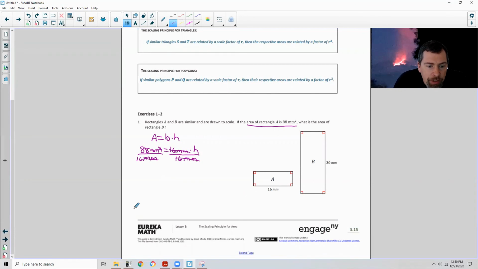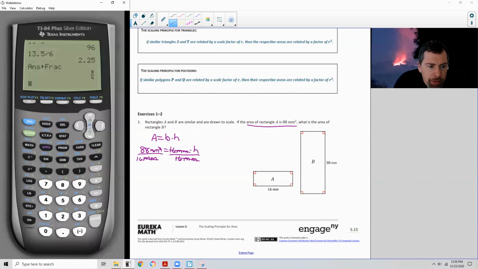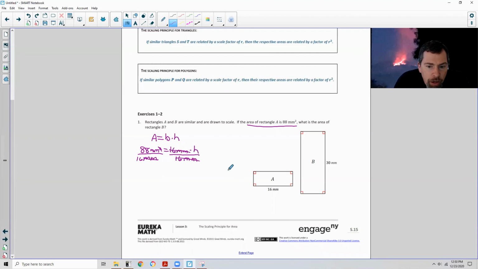And 88 divided by 16 is 5.5. So the height of this rectangle is 5.5. So H equals 5.5 millimeters. Okay, so now the ratio of the two sides is 16 to 30.